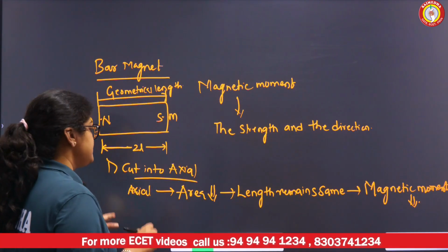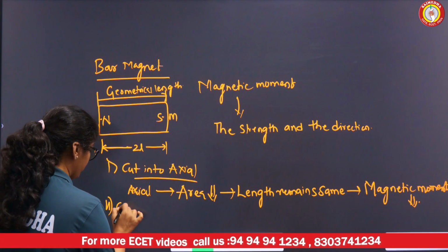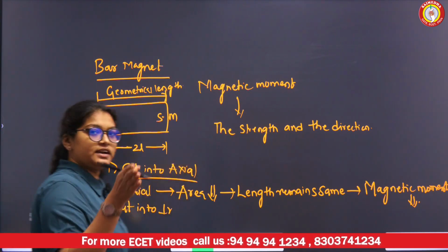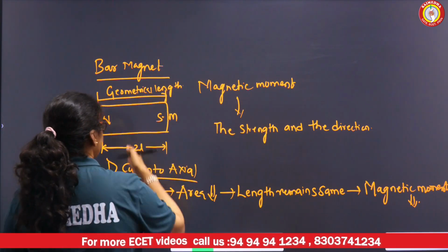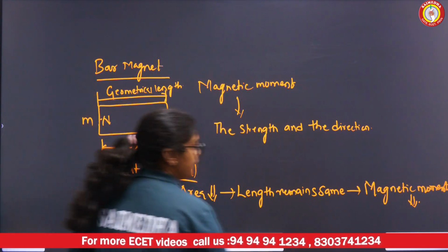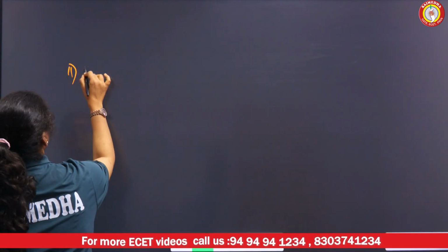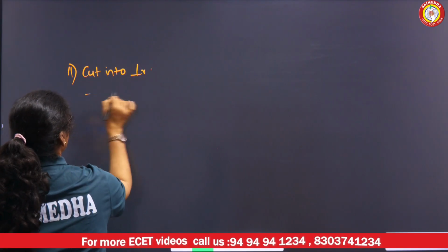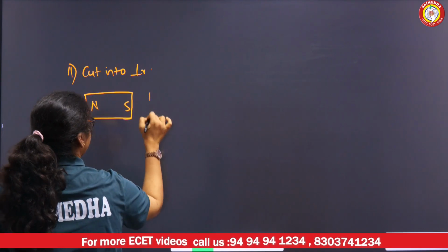Next. The second case is that I cut in the perpendicular way. I'll write in the next slide. Perpendicular means this is the magnet, and I have cut it perpendicular.